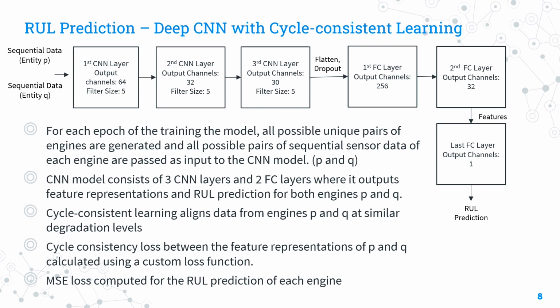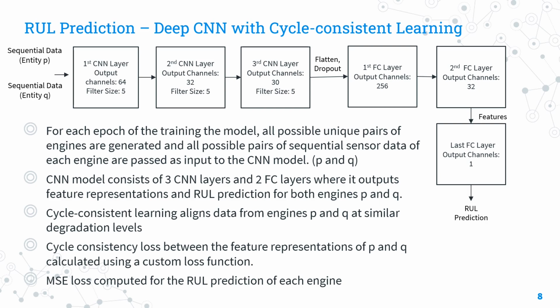The model is trained as follows. For each epoch, all possible unique pairs of engines are generated, and all possible pairs of sequential sensor data of each engine are passed as input to the CNN model, represented by lowercase p and q.